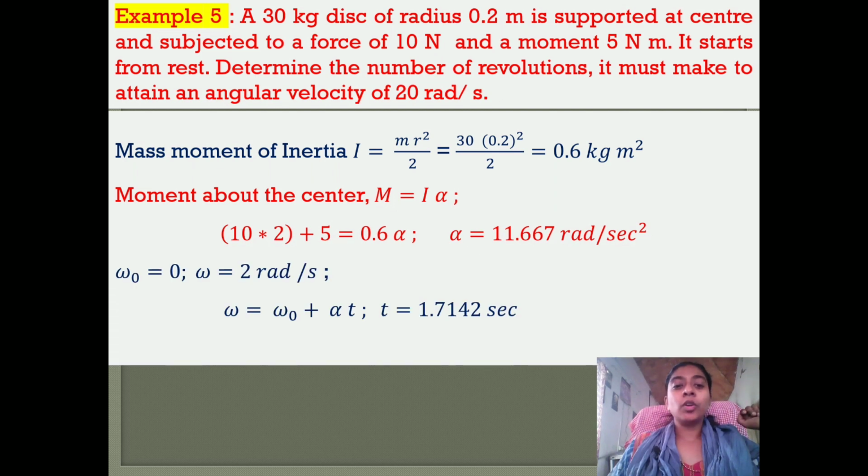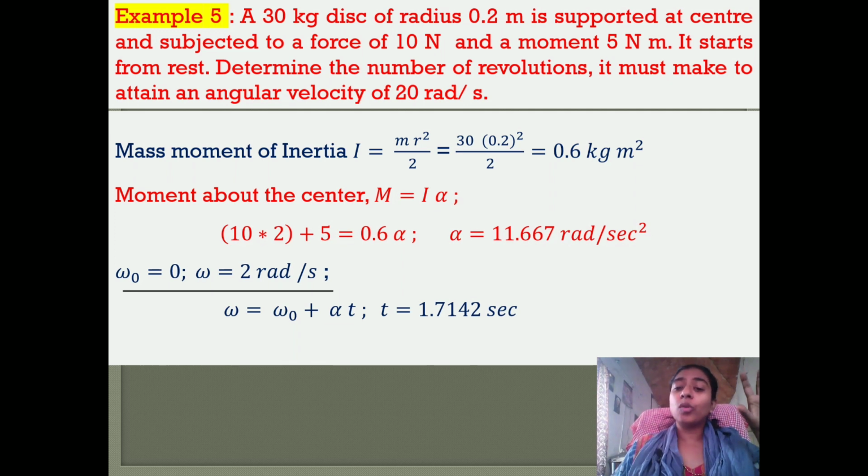Now we know initial velocity is taken as 0, final velocity is 2 radians per second. Therefore, from the equation of rotational motion, we know omega is equal to omega naught plus alpha t. That is nothing but v is equal to u plus at. Here it is angular velocity.